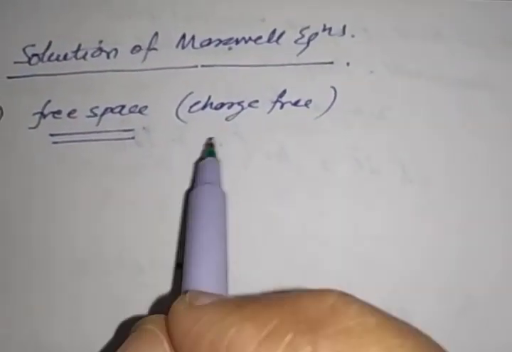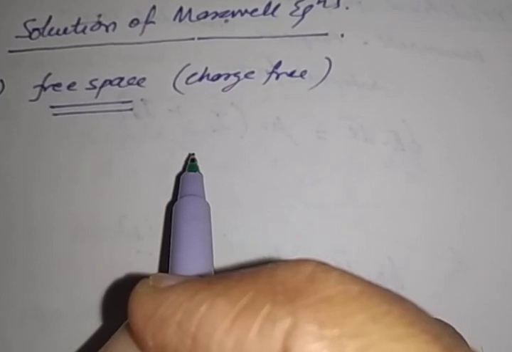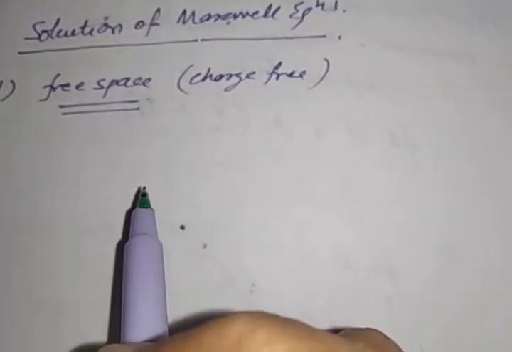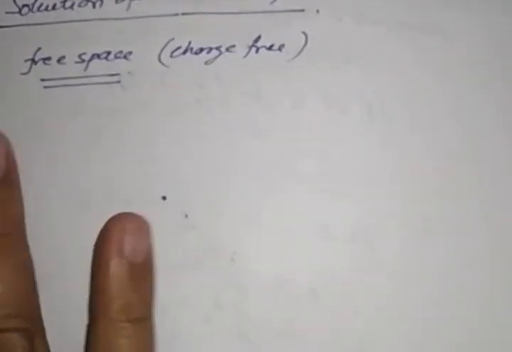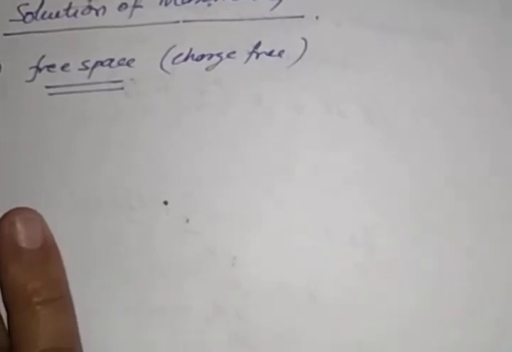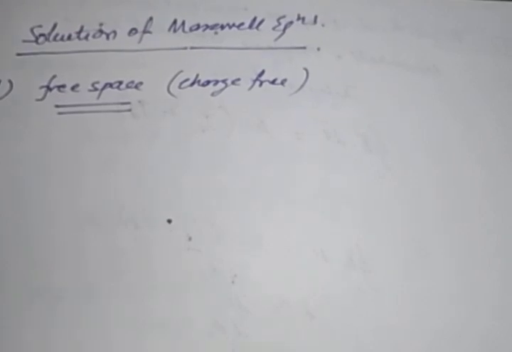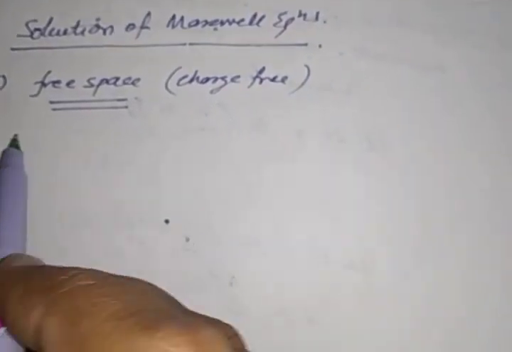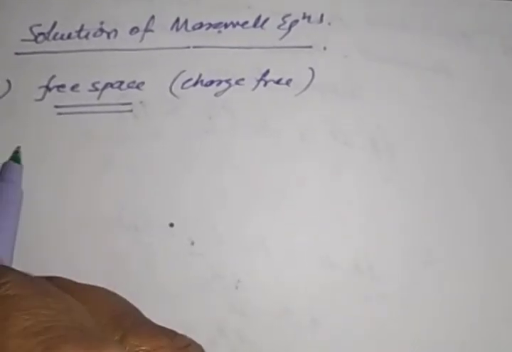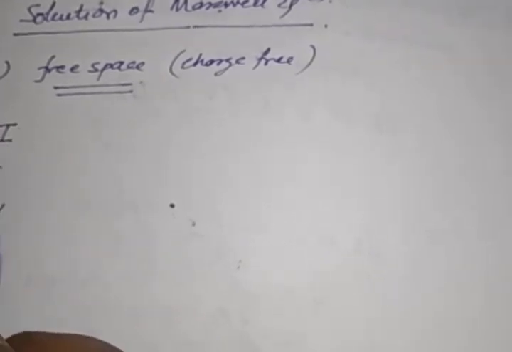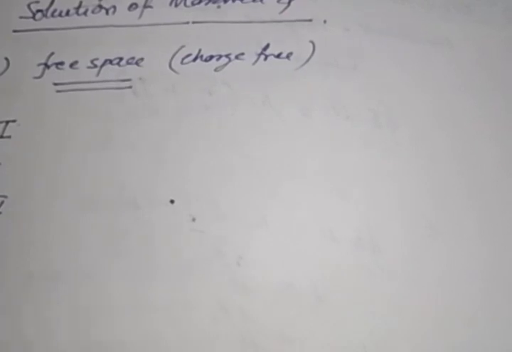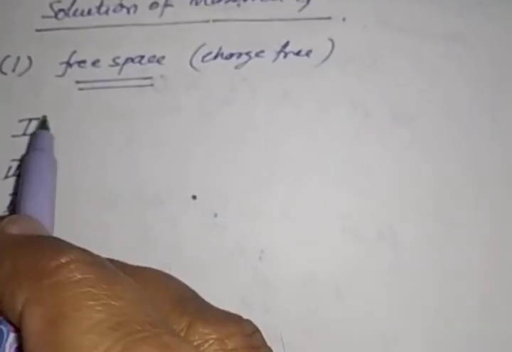So when we say charge free, there are certain parameters we need to consider, the values of different parameters for Maxwell equations. First we will see how the Maxwell equations change according to this environment. So first we will write the original Maxwell equations in differential form. There are 4 Maxwell equations, so we will write these 4 equations in differential form.